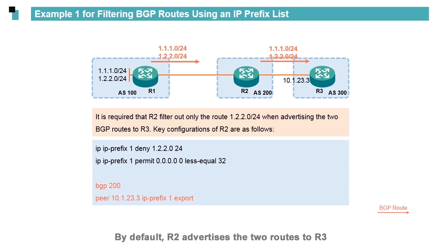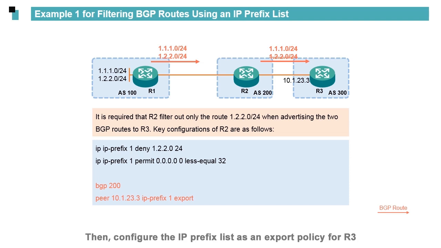By default, R2 advertises the two routes to R3. It is required that R3 not learn the route 1.2.2.0/24. In this case, we can configure an IP prefix list on R2 to deny the route 1.2.2.0/24 and permit the other.